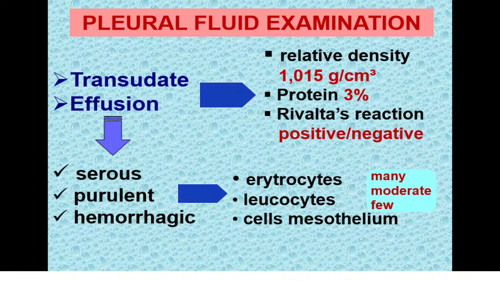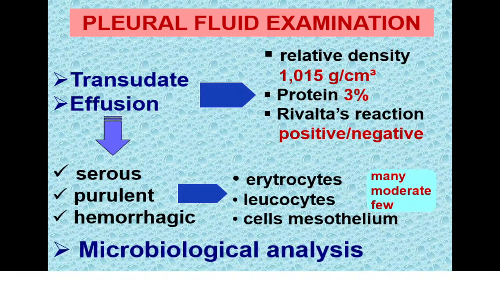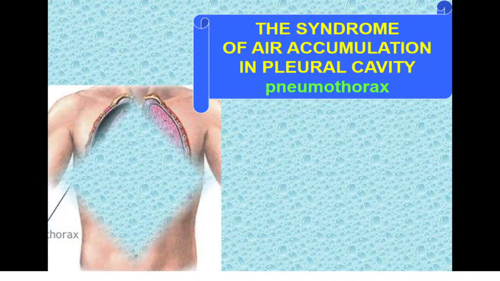Purulent effusion is characterized by many leukocytes. Hemorrhagic, many erythrocytes. And microbiological analysis helps you to reveal the etiological factor and prescribe correct treatment.